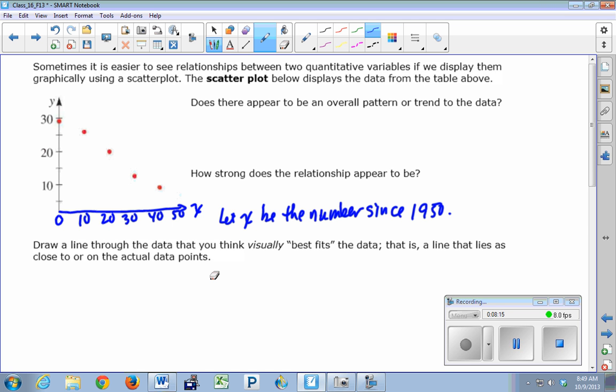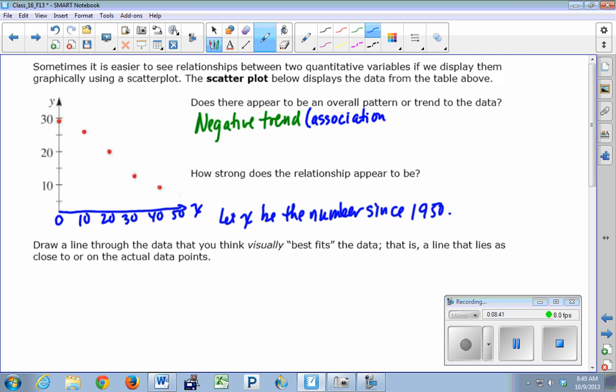Anything you want to add to that about the pattern, Julia? Right, a negative trend. So let's look at that word, negative trend. And in just a minute, we're going to use the word association instead of trend, but trend is fine. So I'm just going to put in here association.